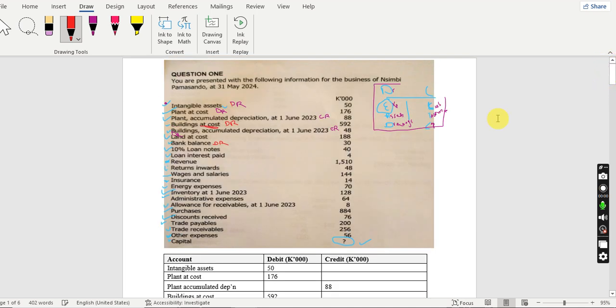Where is it going to go? Since we know that it's on the credit side, yes, it's a liability.